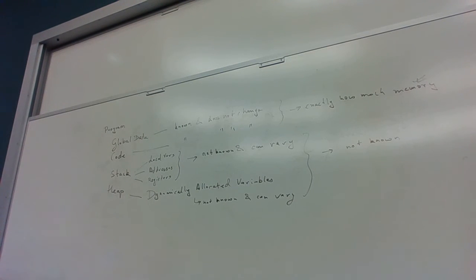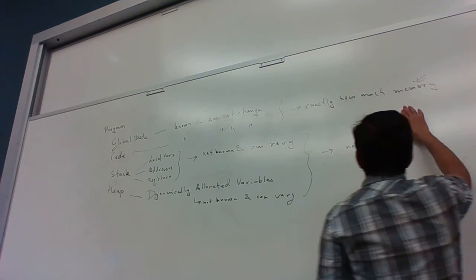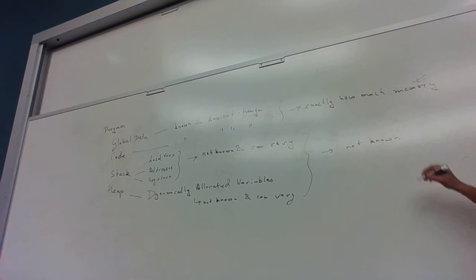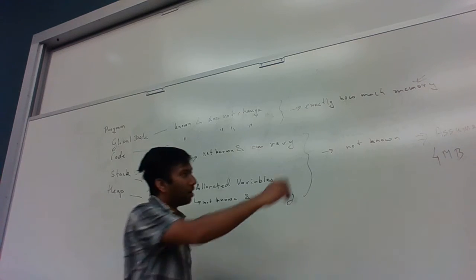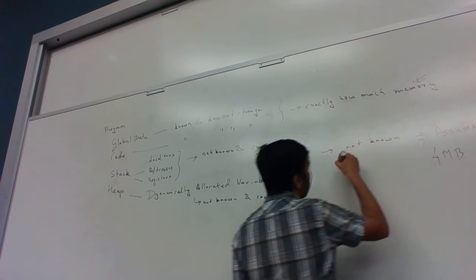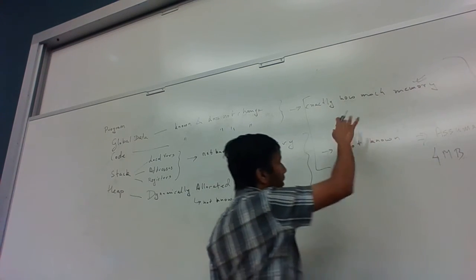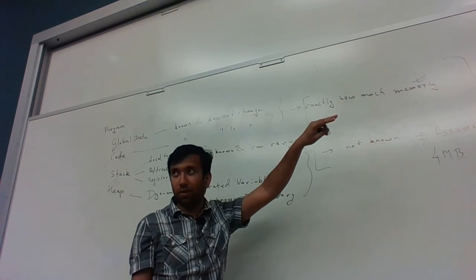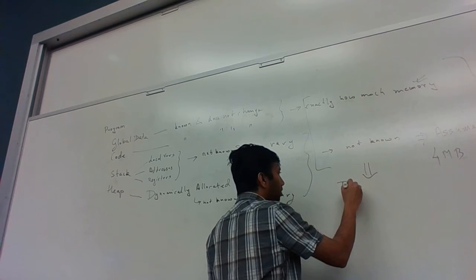What is typically done is that for the known things, you know how much to give, and for the unknown things, assume maybe 4 MB. Just an assumption. So by combining exactly known memory plus some assumptions, we know the total memory requirement.